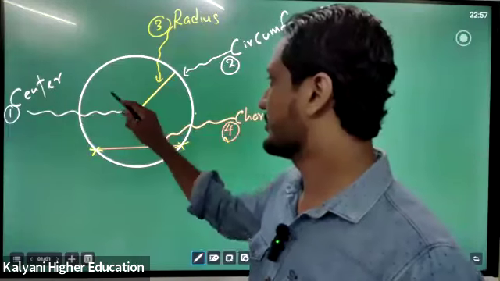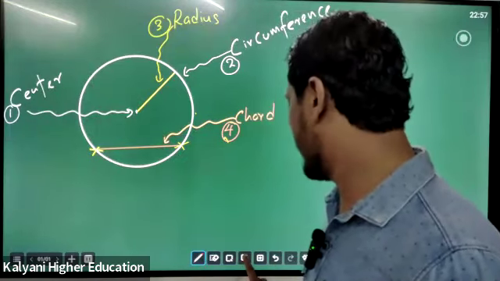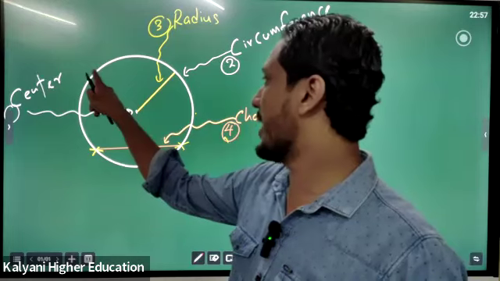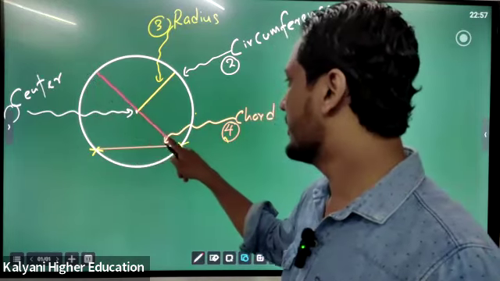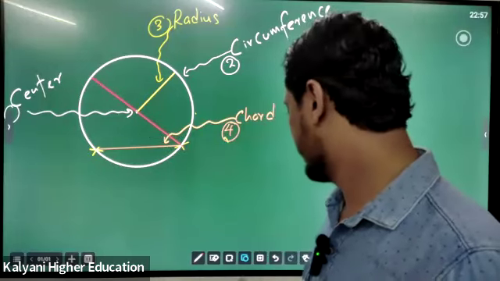Diameter is a chord. Chord is a diameter. Yes or no? No, a chord is not a diameter. Diameter is a chord, but a chord is not a diameter.